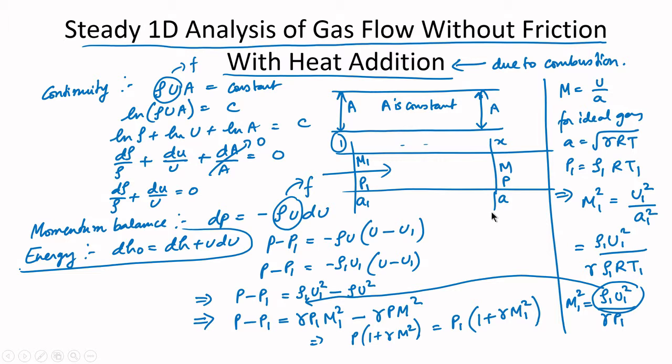Okay. Now, as we will see, we will essentially consider that there is some heat addition here. So, this will be the T0 stagnation temperature here, and this will be the stagnation temperature here.